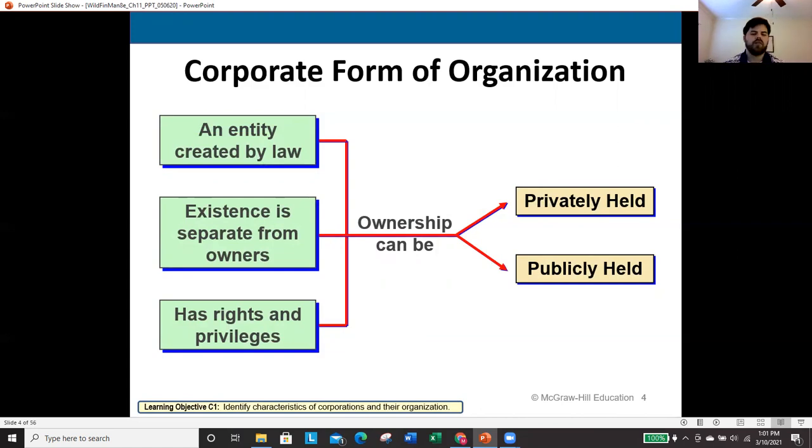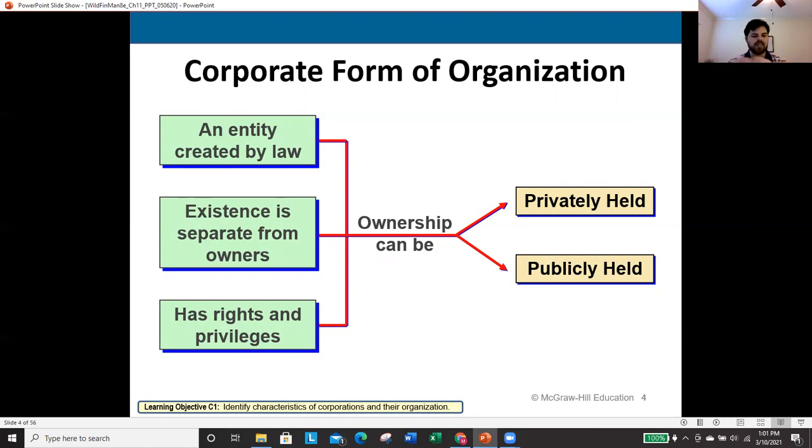Now, there are a couple of pillars of the corporate form of organization. This is an entity that is actually created by law, meaning that the entity is the entity itself under the law. So if you actually try to sue the company, you're not suing the person, you're suing the company itself, right?